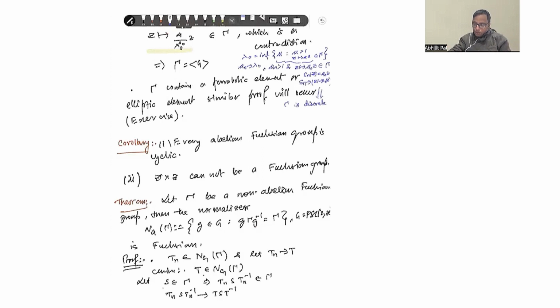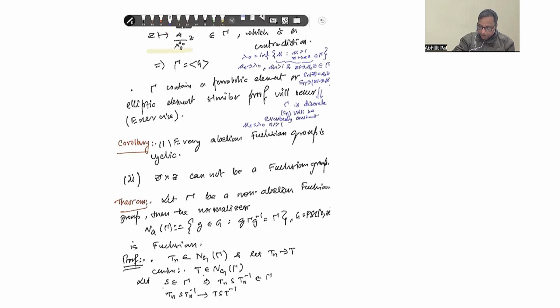Now this gamma is discrete. So this will tell you that this Sn will be an eventually constant sequence. So this will imply that the mu n sequence will be eventually constant, and for all large n, mu n will be equal to lambda naught.